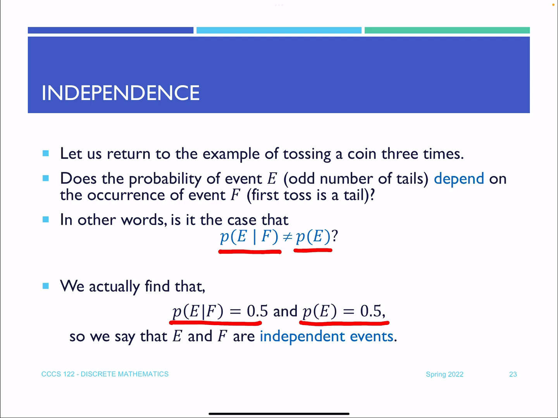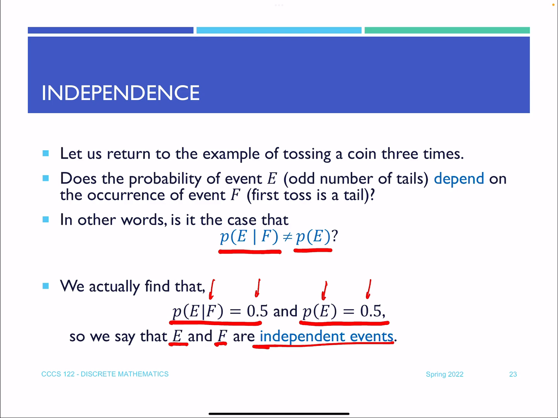Which means it doesn't really matter what you know about what happened before, about event F. This means that events E and F are independent events. Prior knowledge of event F having happened does not change our perception of with what probability event E will happen.